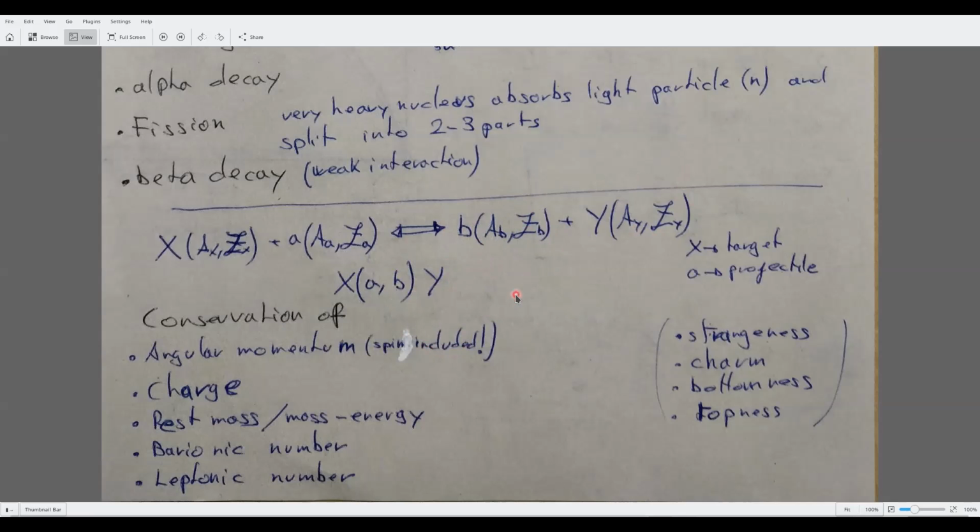Something that is really important in a nuclear reaction is the conservation of several quantities, angular momentum, the spin included, among the others. The spin is not a small matter, because one element that led to the discovery of the neutrino was that in beta decay we have the neutron decaying into a proton and an electron.